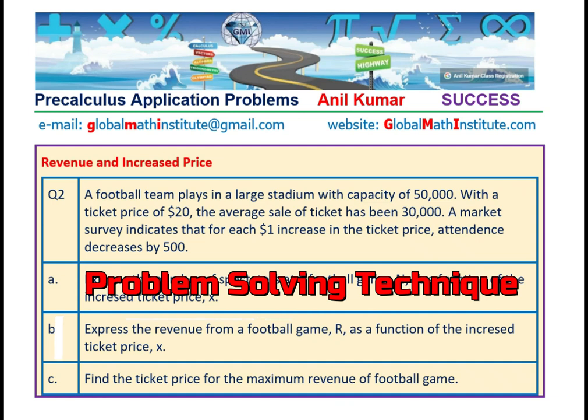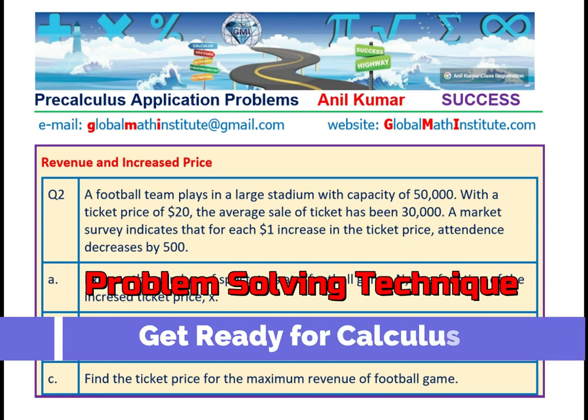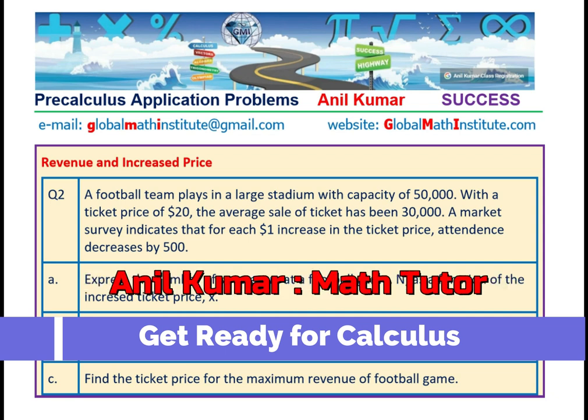Get ready for calculus. Let us understand how do we write a function for a given problem. The question here is, a football team plays in a large stadium with capacity of 50,000. With a ticket price of $20, the average sale of ticket has been 30,000.